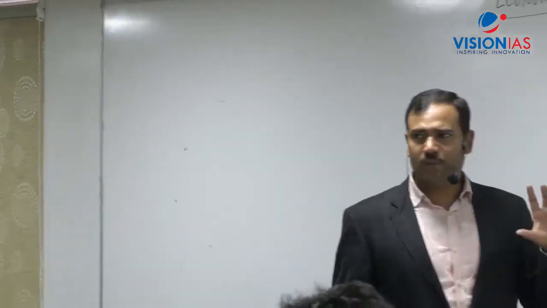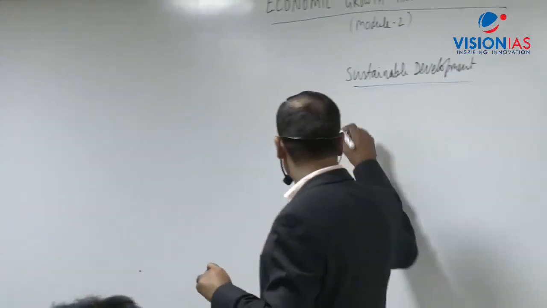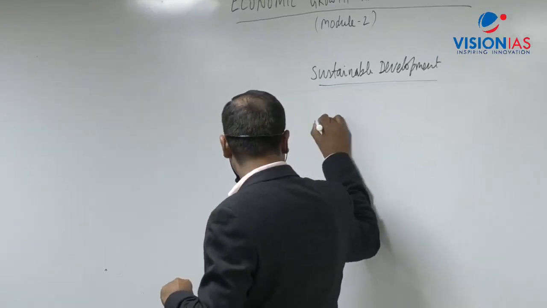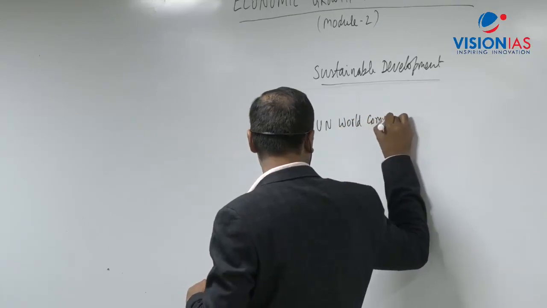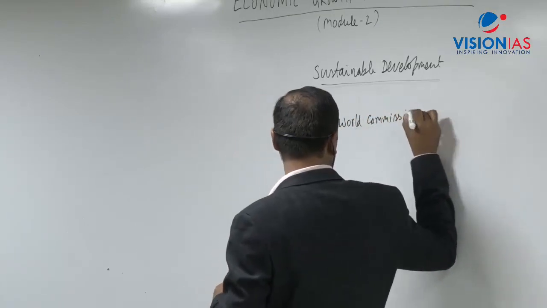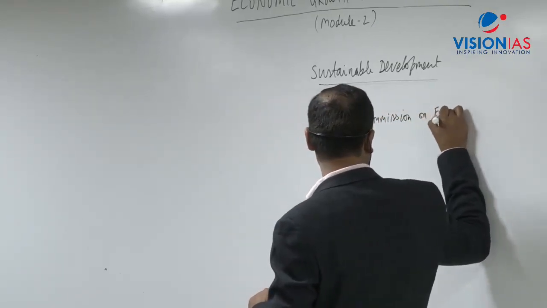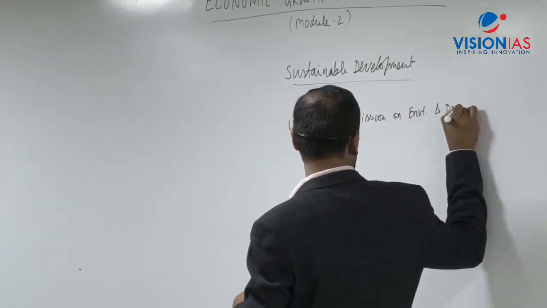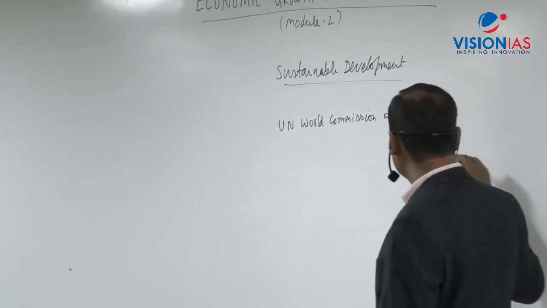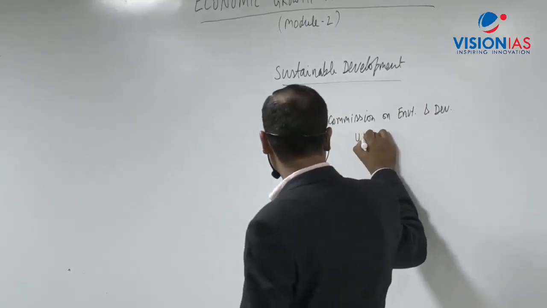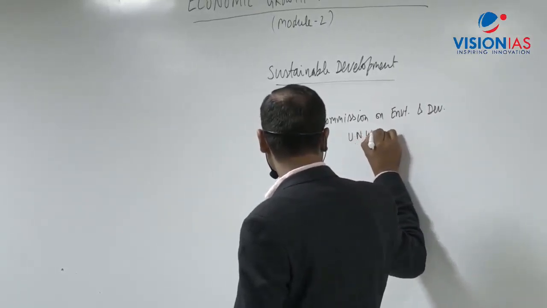A famous definition of sustainable development was given by a commission, the UN World Commission on Environment and Development, that is UNWCED.